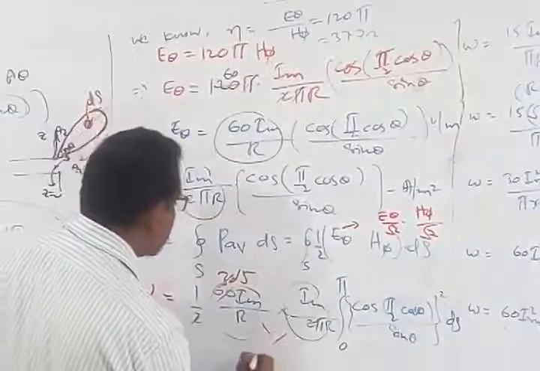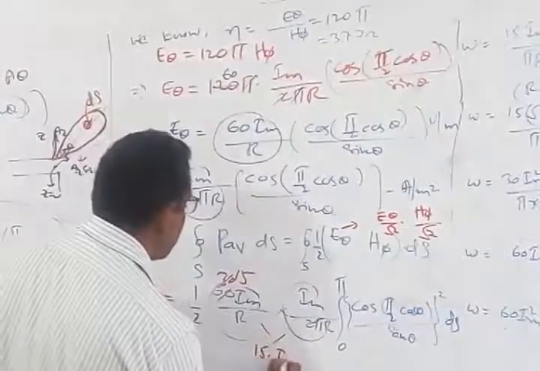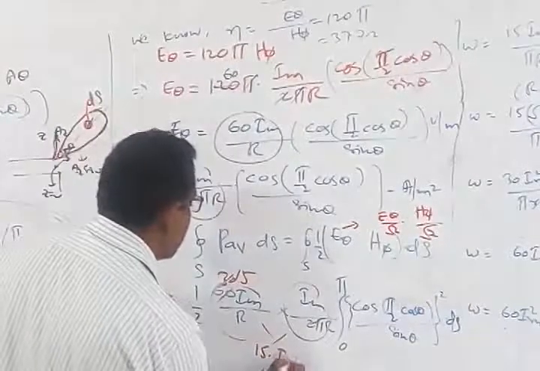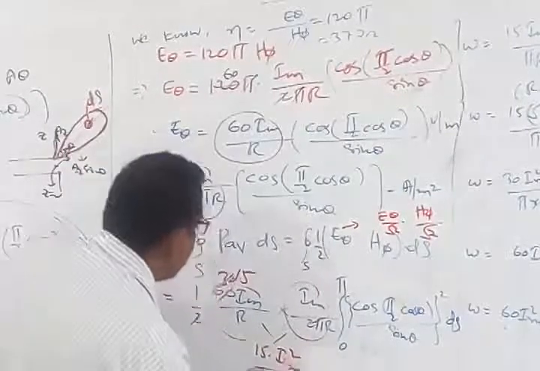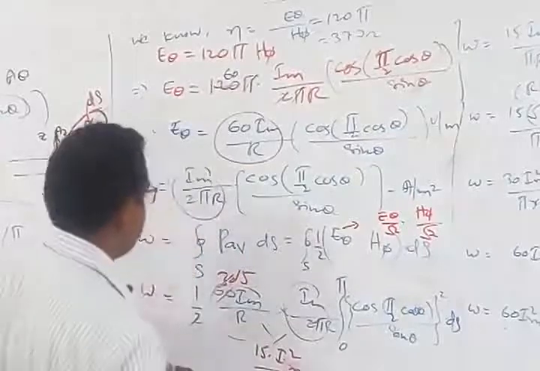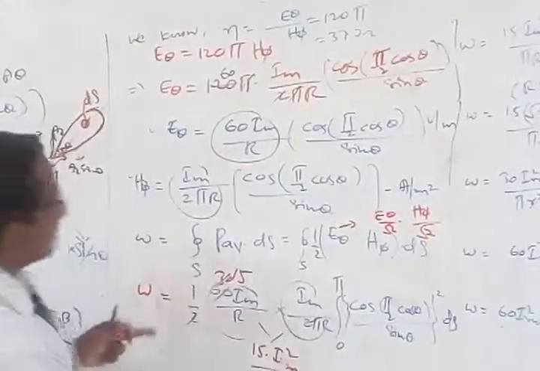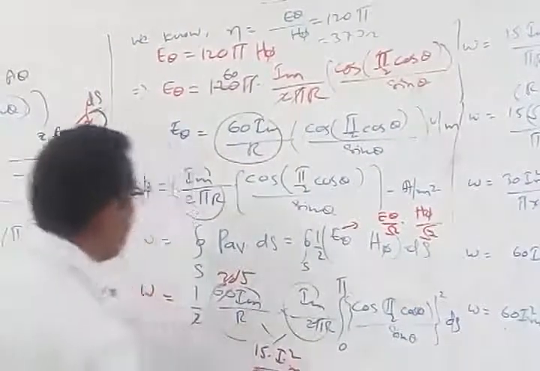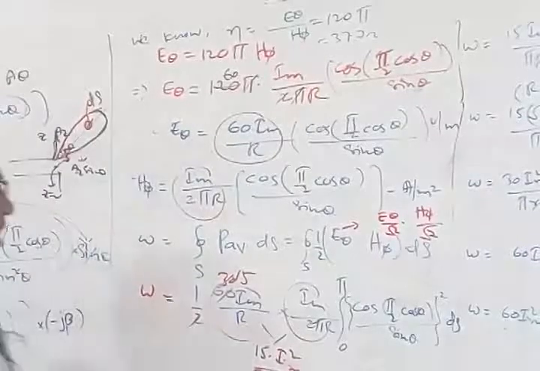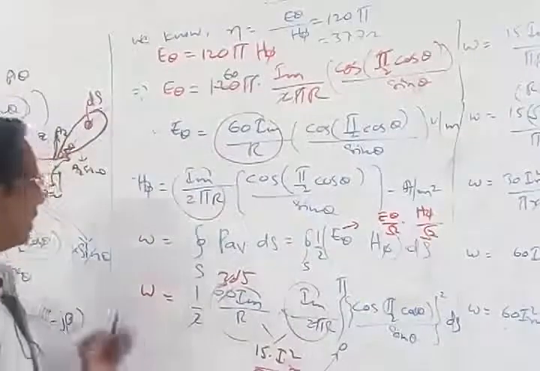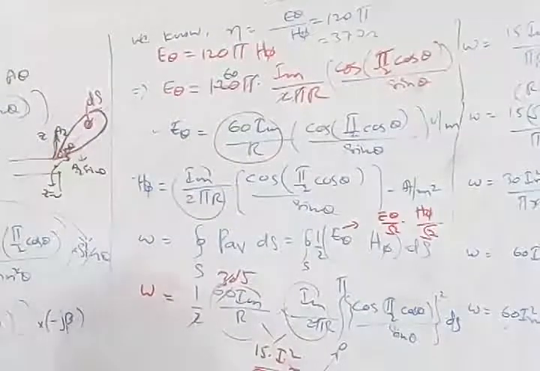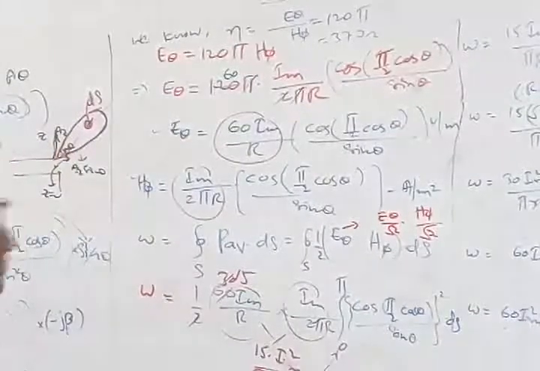So this part becomes equal to 15 Im square by pi r square, with the rest of the part remaining as it is. Now we have to solve that equation to get the expression for the power.